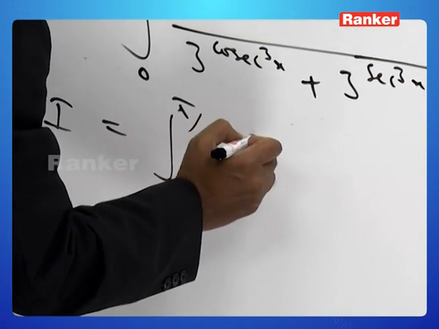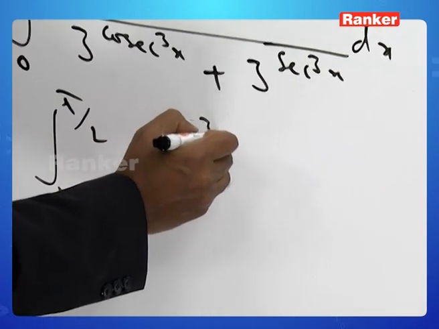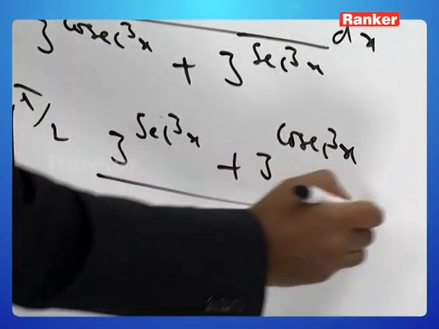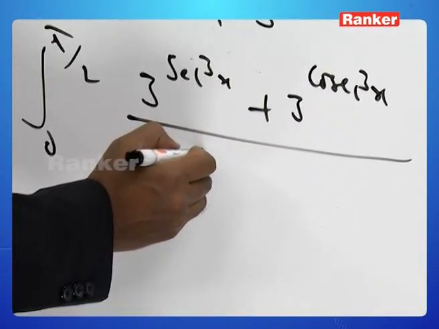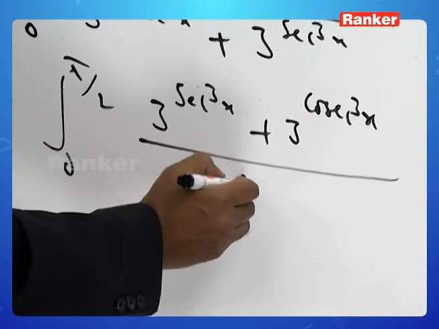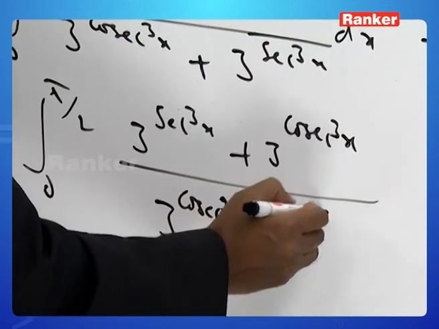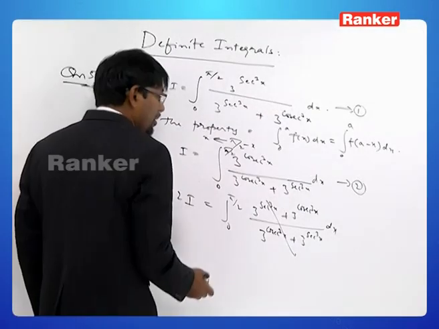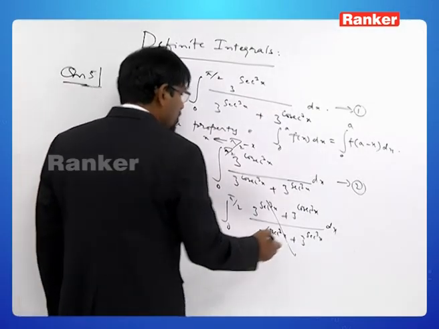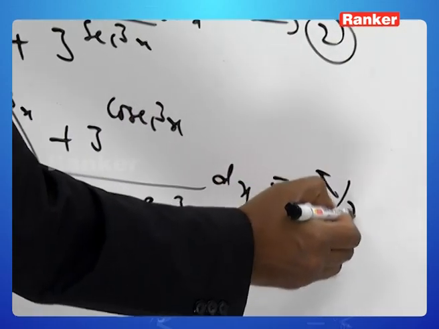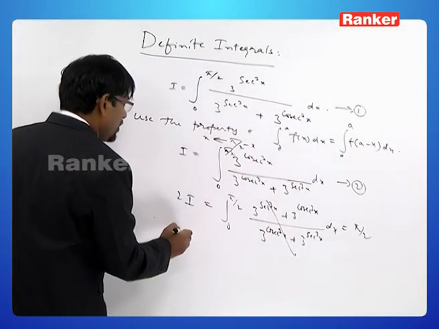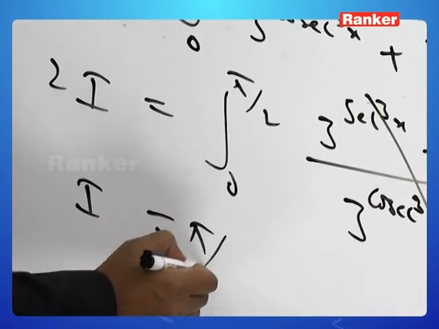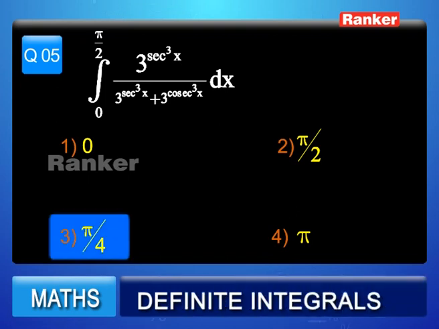What do we get? 3 power secant cube x plus 3 power cosecant cube x, denominator being same, we could add it: 3 power cosecant cube x plus 3 power secant cube x. And what do we have? This clearly cancels, and then we have 1. So 1 into pi by 2, that is pi by 2. Right hand side is pi by 2. This was 2I, so I has to be equal to pi by 4, and that's clearly seen in option 3. Answer is option 3.